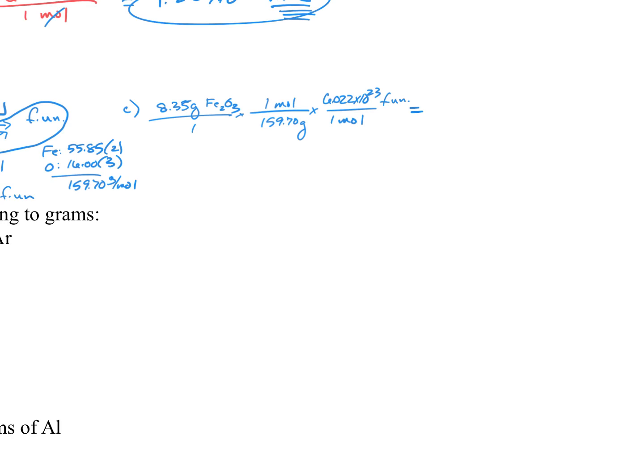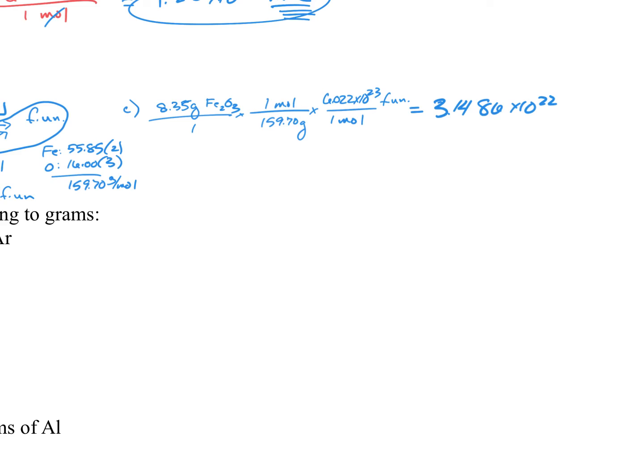After you have this problem set up in a way where the units will cancel, in order to do the order of operations correctly, you should multiply across the top. I have across the top equals 5.02837 times 10 to the 24th. And then you divide by the bottom, 159.7. The final answer after you divide the top by the bottom gives you 3.1486 times 10 to the 22nd on the calculator.